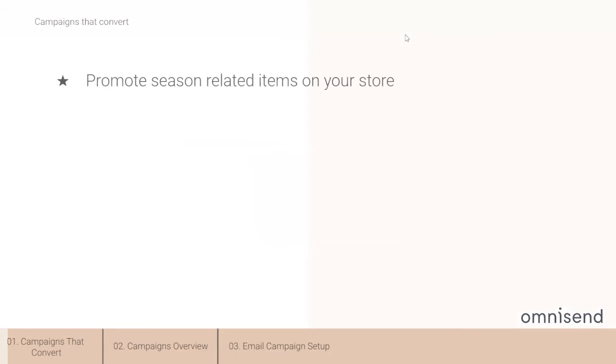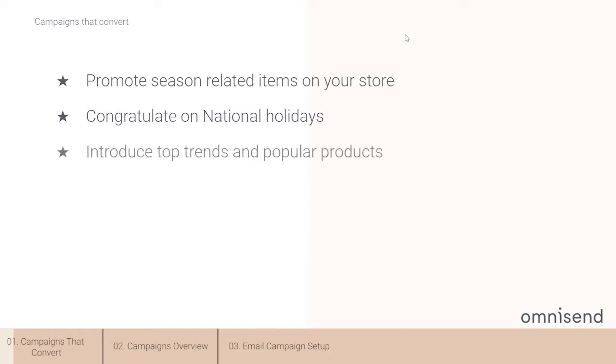You can also congratulate your customer, like targeted customer groups on national holidays. You will just need to create a segment based on the country information if you have that provided by your clients. You can also introduce top trends and popular products on your store. You can announce a sale or clearance to your followers.